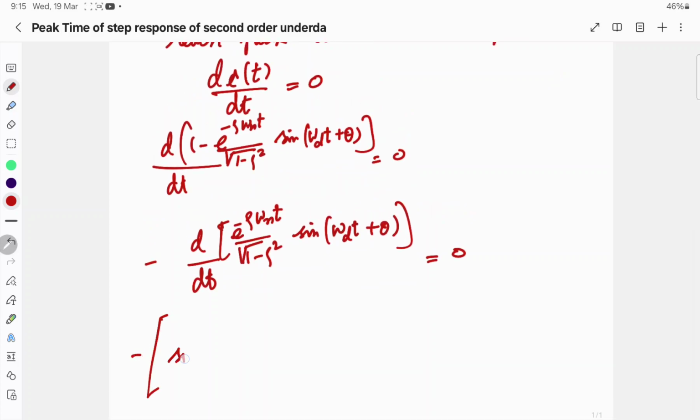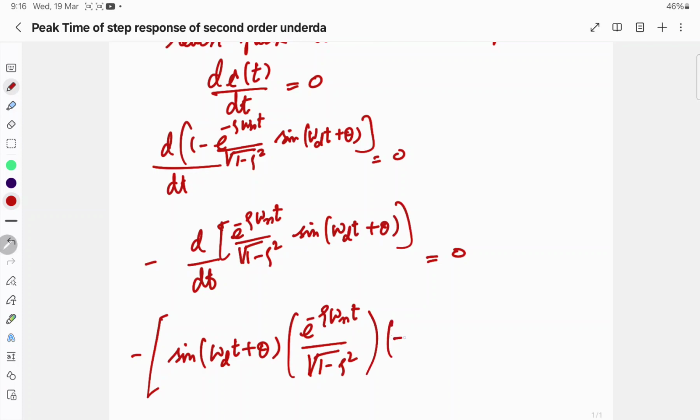Keep sine omega d t as constant, then differentiate the term e power minus zeta omega n t divided by square root of 1 minus zeta square. On differentiating, we will be getting minus zeta omega n, then keep the exponential term as constant.